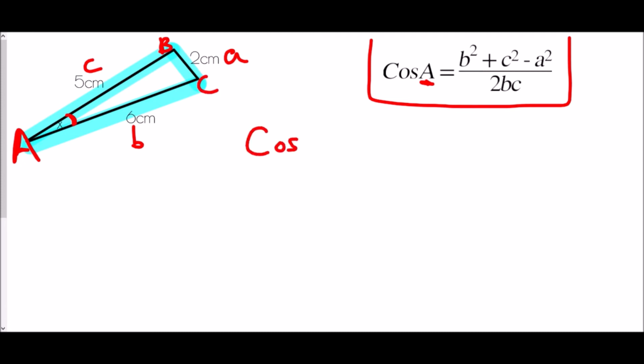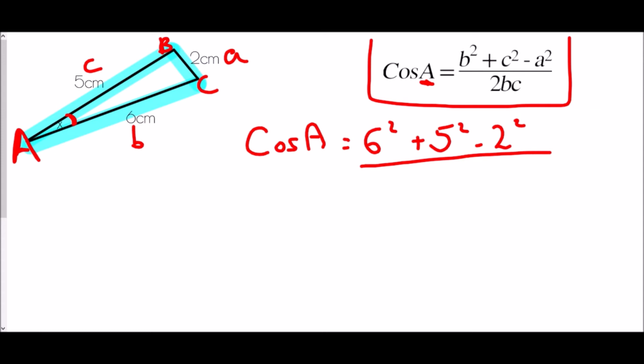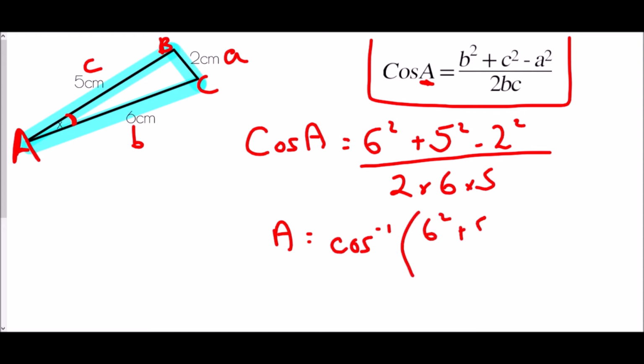So cos A equals B squared, so that's 6 squared, C squared, so that's 5 squared, take away A squared, which is 2 squared, all over 2 times 6 times 5, and we're going to need to find A, which means we need to use our inverse. So cos inverse of everything that we had written before, 6 squared plus 5 squared, take away 2 squared, over 2 times 6 times 5, and pop it in our calculator.